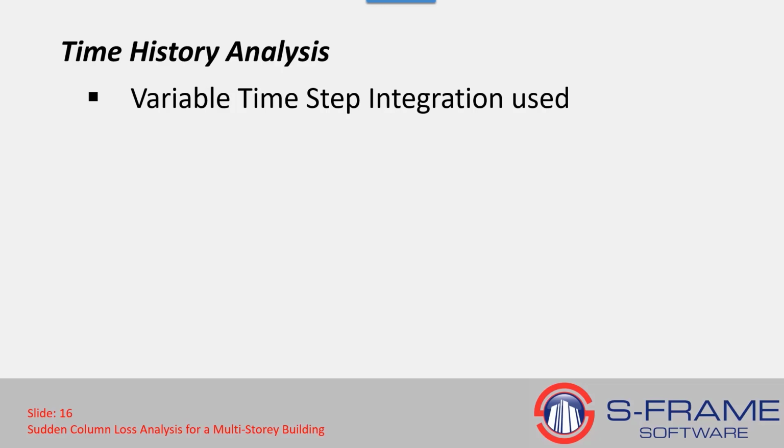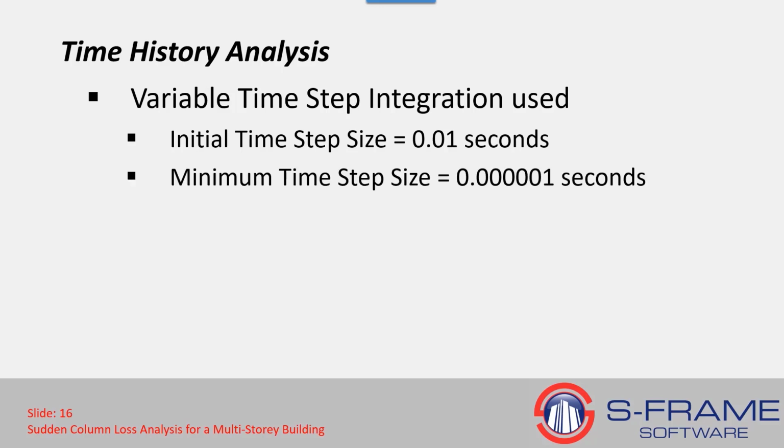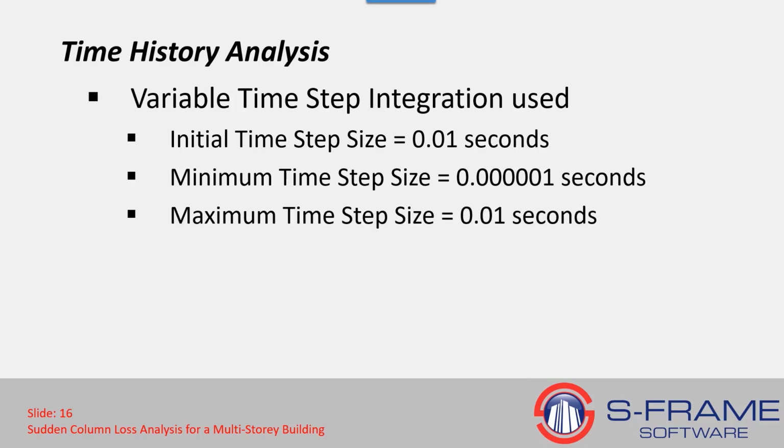The variable time step integration is the most efficient way to do this. We're going to use a very small initial time step size of 0.01 seconds. We have a minimum time step size of 0.000001 seconds, a maximum time step of 0.01 seconds, and a critical jerk of 0.01.